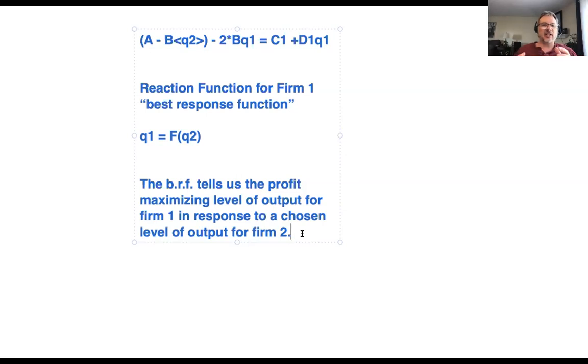It's a Nash equilibrium because where the best response functions cross gives you a level of output for each of the firms where they're both maximizing their profits and they don't want to change, because if they were to change their level of output, their profit would go down. So it's an equilibrium in the sense that they're both maximizing their profits, and their chosen levels of output are reinforcing the behavior of each other.